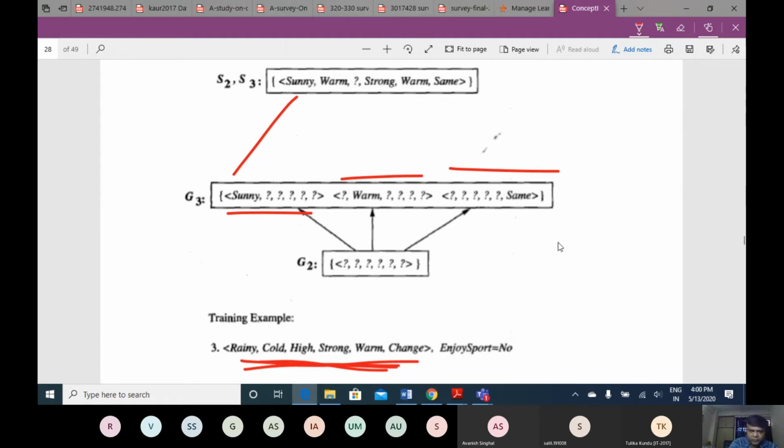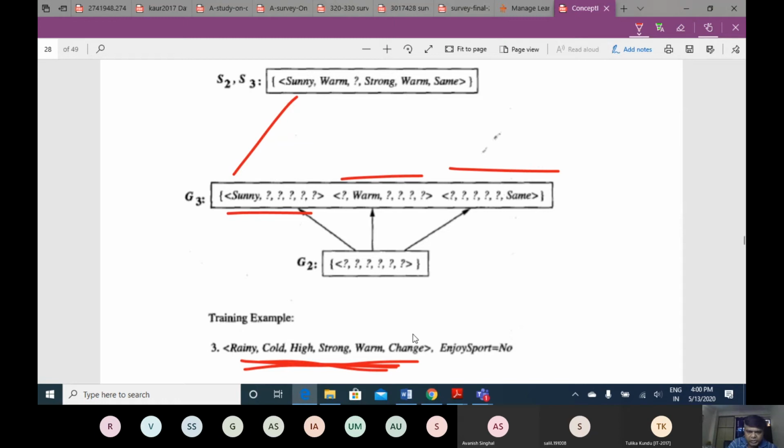Okay, so we will consider them one by one. Sunny is different from rainy, so we will consider sunny with all possible values. Warm and cold are different, so we will consider warm and all possible other values too. Then the question mark doesn't need anything. Strong is the same as strong, so we don't have to keep that. Warm is the same as warm, so we don't have to keep that.